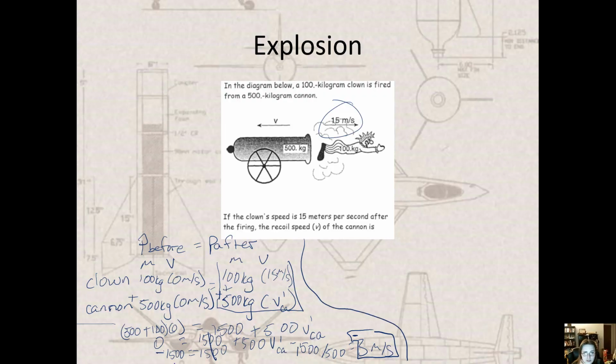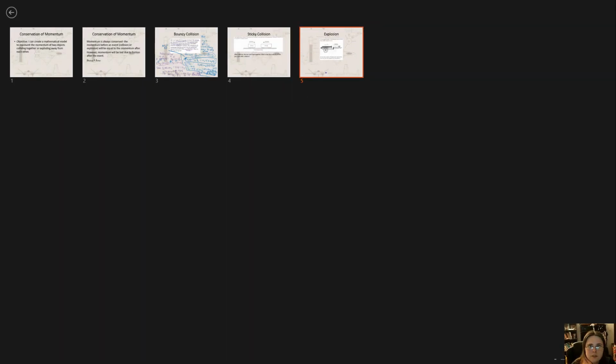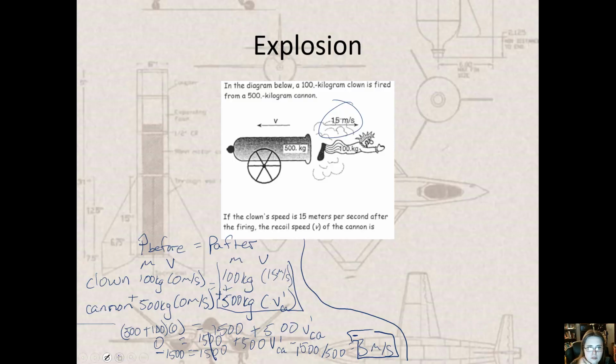Now, our general equation for an explosion is going to be this right here: mass 1 plus mass 2 times V initial, V1.